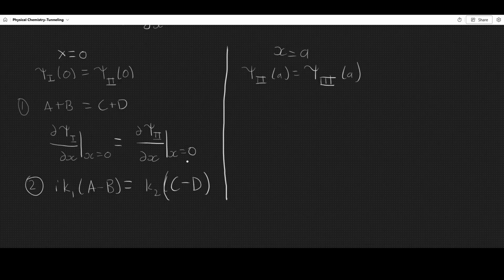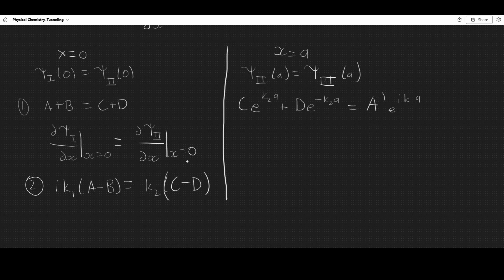That simplifies down to c e to the k2 a plus d e to the minus k2 a is equivalent to a prime e to the i k1 a. Right, perfect.